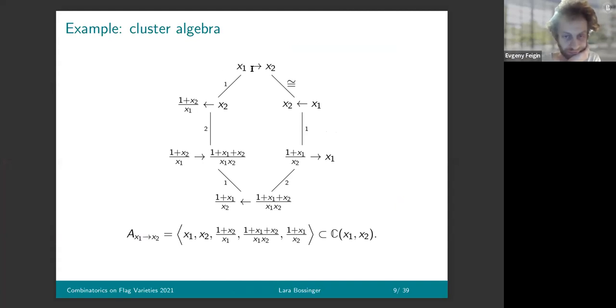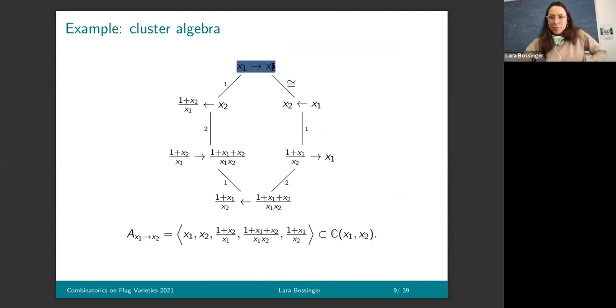So passing from this seed with the variables x1 and x2 to this seed corresponds to the mutation in direction 1. So we replace the variable x1 by this binomial of the variables we had before, and so on. If we go all along, then at some point we come back, and these are all the seeds of my A2 cluster algebra.